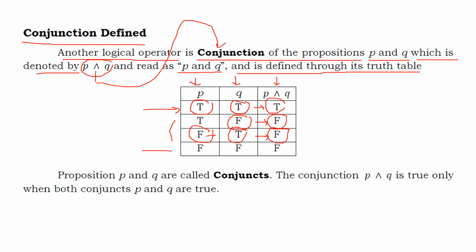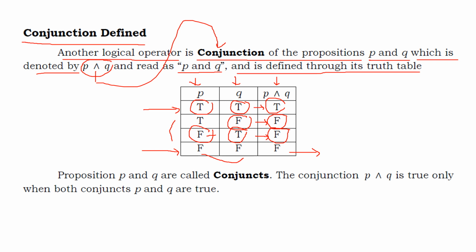It's the same thing when both truth values for P and Q are false. When the two truth values of these two propositions are false, the resulting truth value for the conjunction is automatically false.